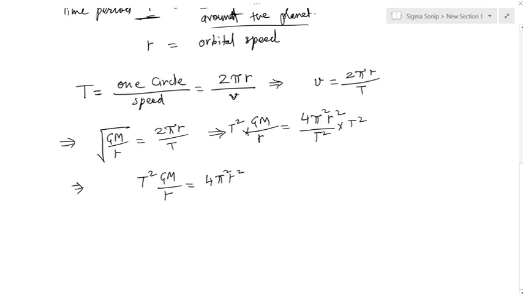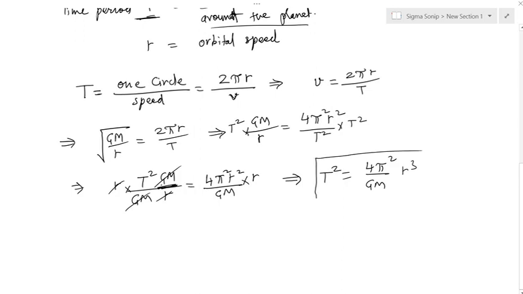Now I need to get rid of gm from the left hand side, so I will divide by gm on both sides. To get rid of this r, I will multiply with r on both sides, and that gives me t square is equal to 4 pi square over gm times r cube.